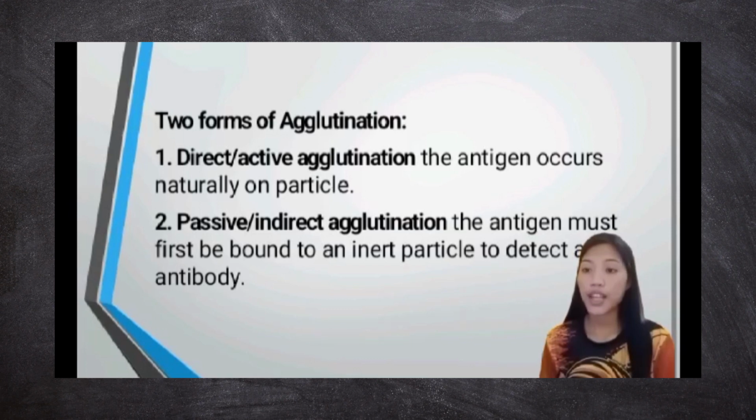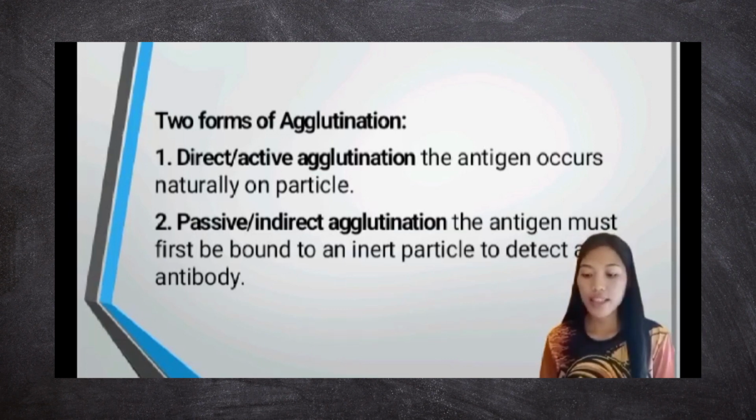For direct or active agglutination, when the antigen is an integral part of the surface of a cell or other insoluble particle, the agglutination reaction is called direct agglutination. Direct agglutination only works with particulate antigens.